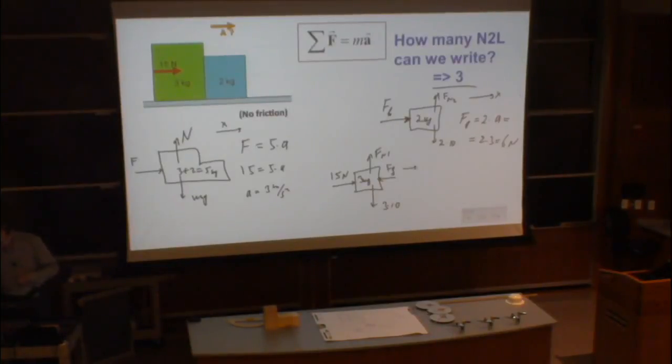Acceleration of the green box is still to the right. So relative to the x-axis, 15 minus force of green should be equal to 3 times 3. That is 9. 15 minus 9 is 6. Turns out this force is 6 newtons.